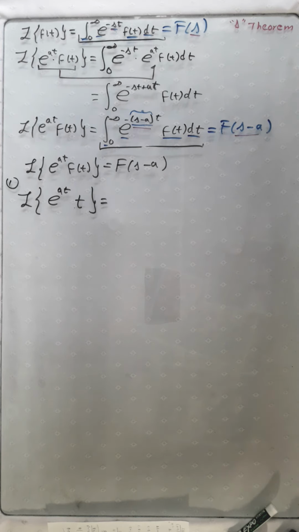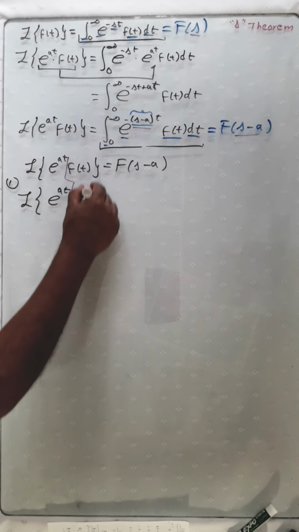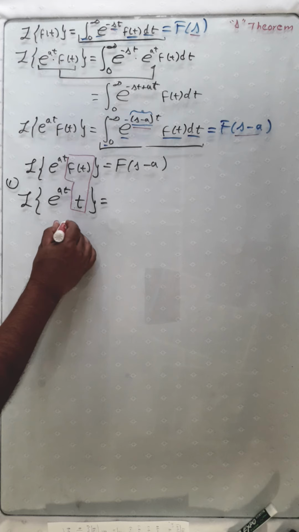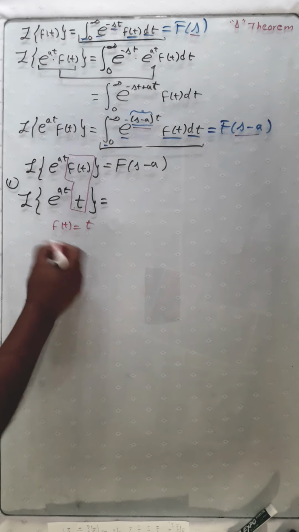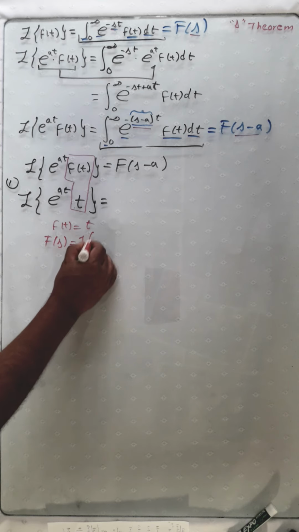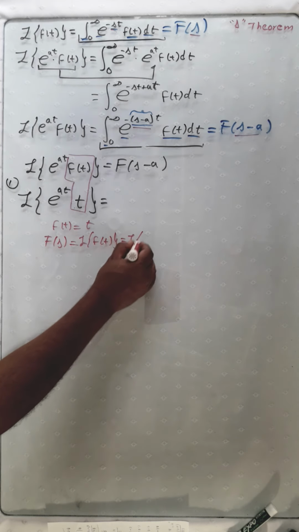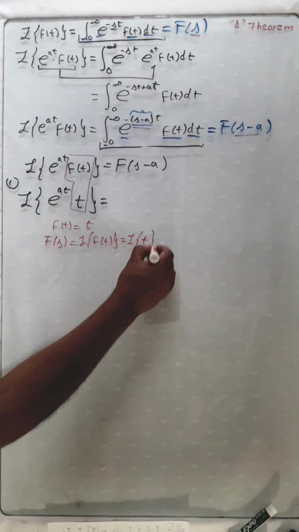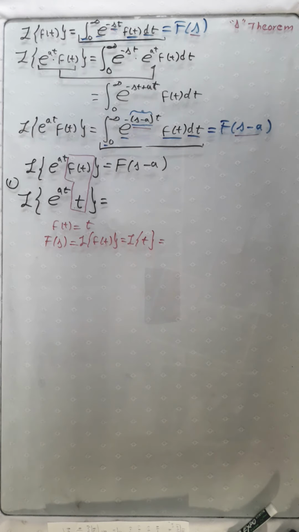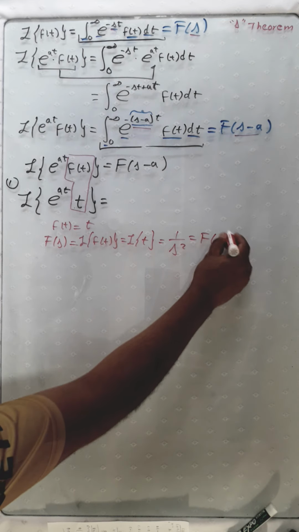So according to this, this guy is the f of t. f of t is equal to t. So what is F of s? F of s is the Laplace transform of f of t, which in this example is the Laplace transform of t. And what is the Laplace transform of t? It is just 1 over s squared. So this is the value of F of s.